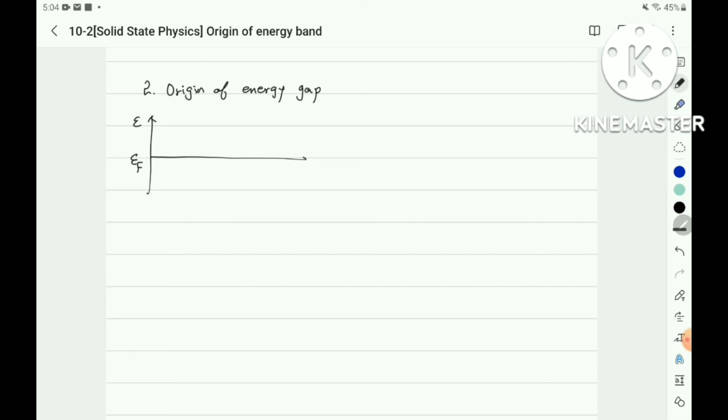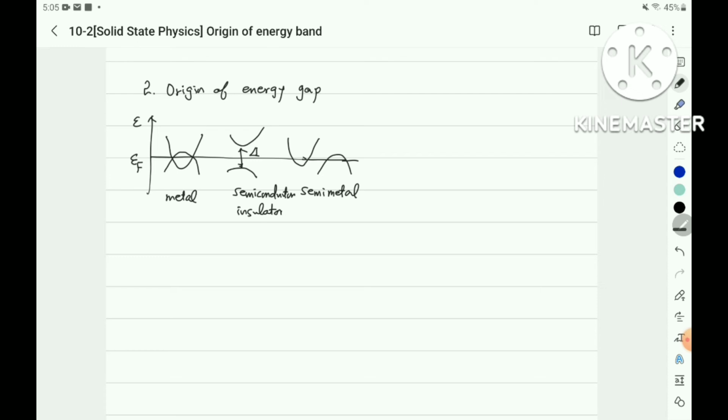In a metal, there is no energy band gap, and the conduction band and valence band overlap. In a semiconductor or an insulator, there should be an energy band gap like this, which we call delta. There is also another case, similar to the metal case, where the conduction and valence electrons have no energy band gap but the bands cross, and it is a metal. We call it a semimetal. Otherwise it is a semiconductor or an insulator.